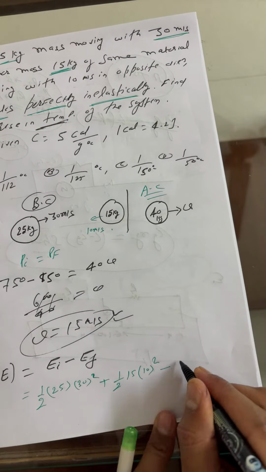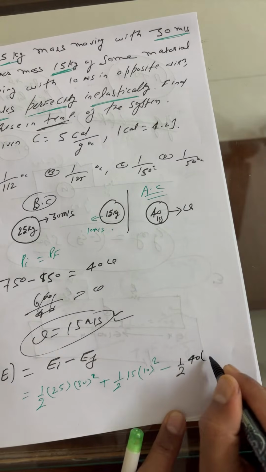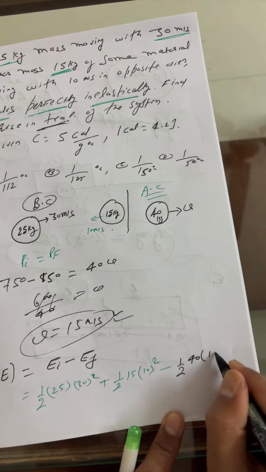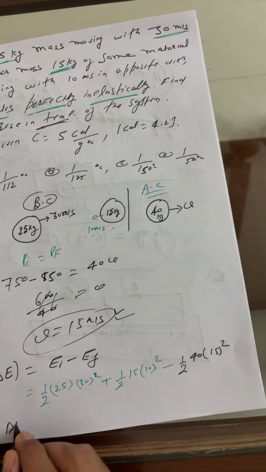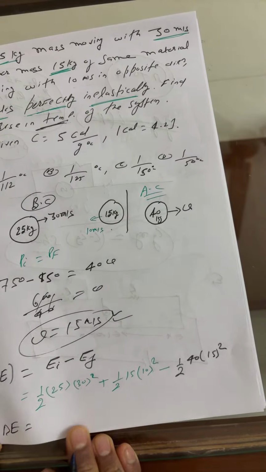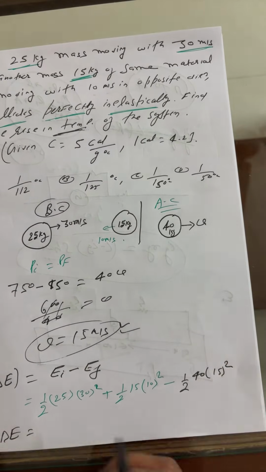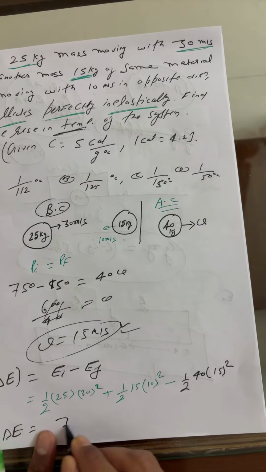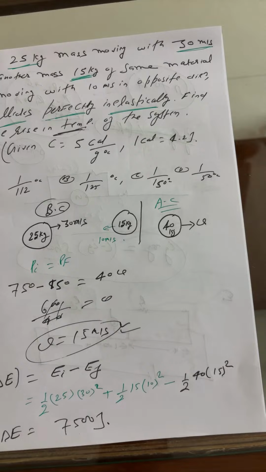What is the final mass? This is 40 into V, which is 15 whole square. Solving further, delta E is approximately 7500 joule.